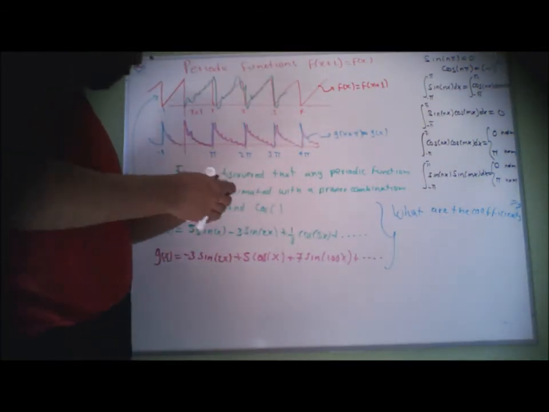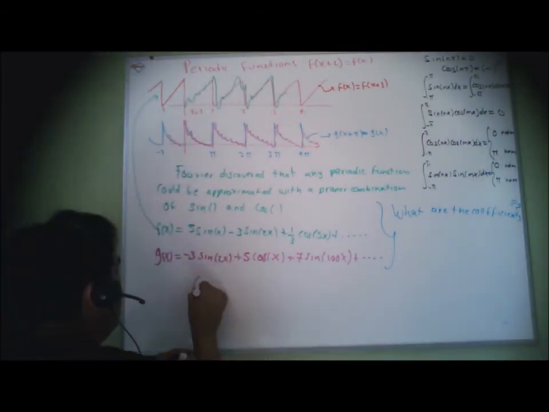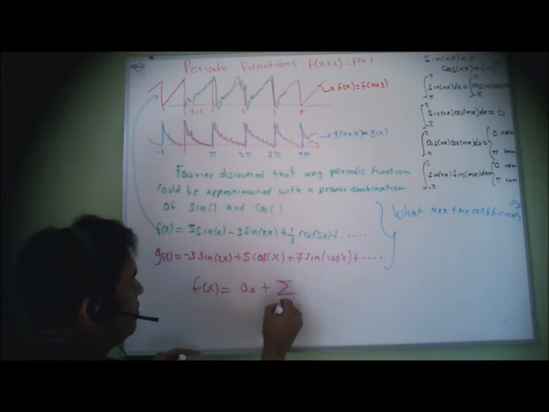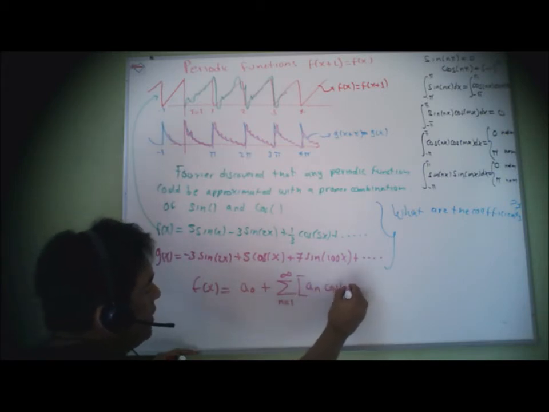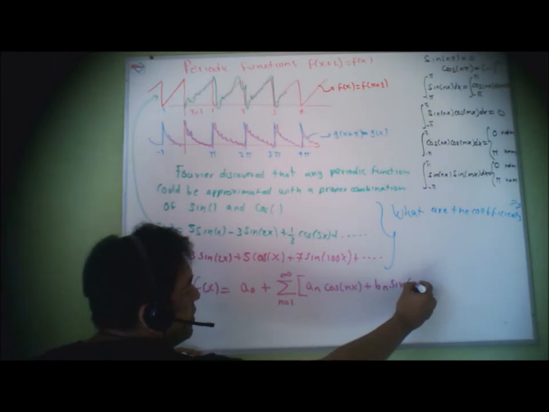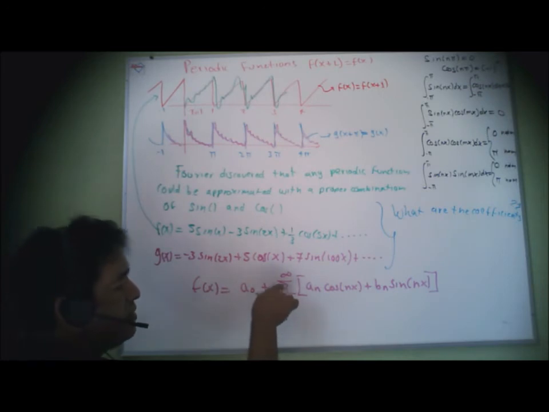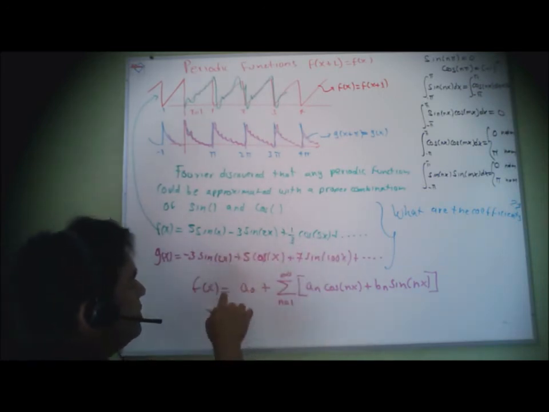Now, the Fourier series is something like this. He said that a periodic function f of x could be written like a0 plus the addition from n equal to 1 to infinity of an cosine of nx plus bn sine of nx. Here you have the summation, the addition, because you are going to add together sines and cosines.